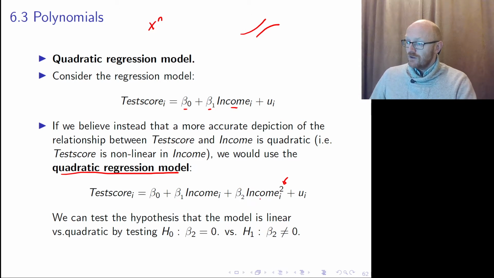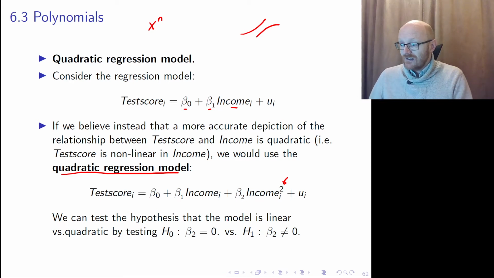So to make this quadratic variable, you would just make a new variable, and the value in this new variable would just be the value of income to the power of 2. So income times income would be the value in this income squared variable.